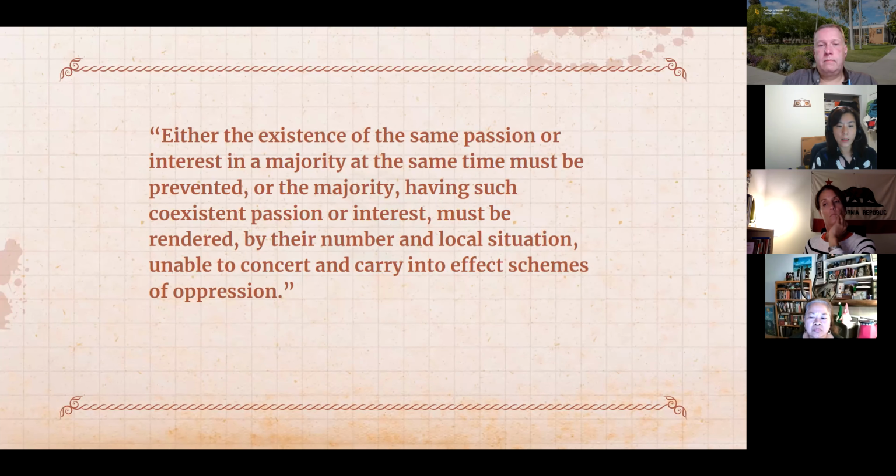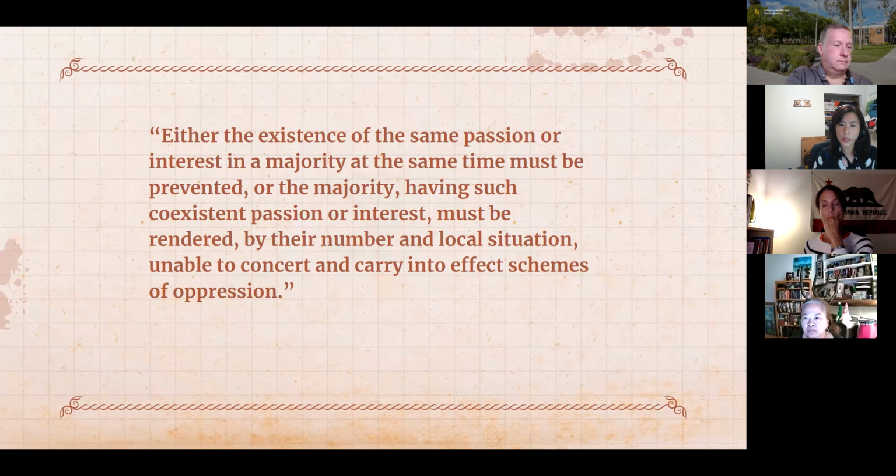Madison said either the existence of the same passion or interest in a majority at the same time must be prevented, or the majority having such coexistent passion or interest must be rendered by their number and local situations unable to carry into effect schemes of oppression. Simply speaking, we have to make it impossible for the majority faction to carry out its objective. But how do you stop the majority from doing what it wants to do that might not be beneficial for other people, especially the minority?